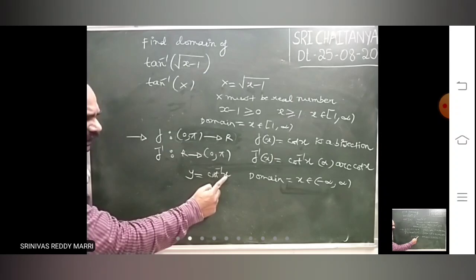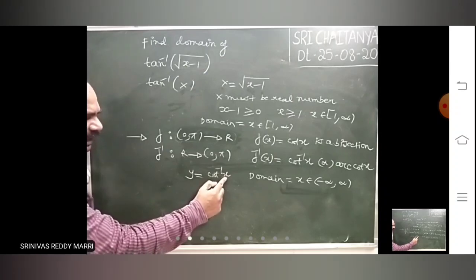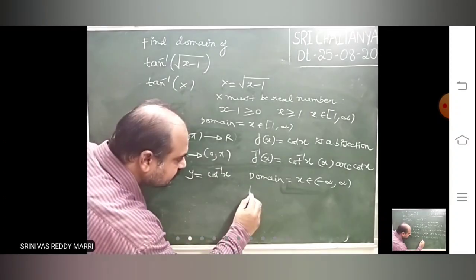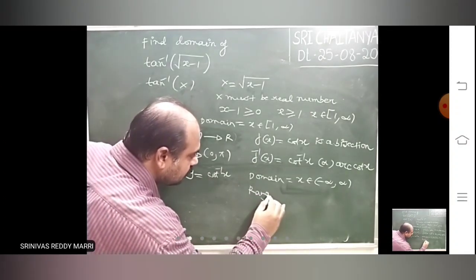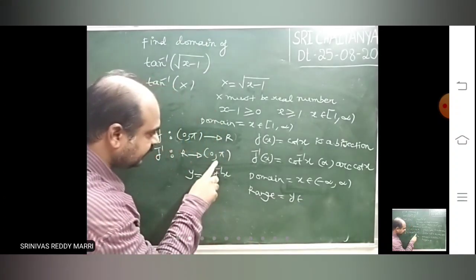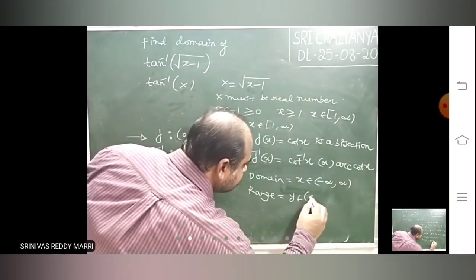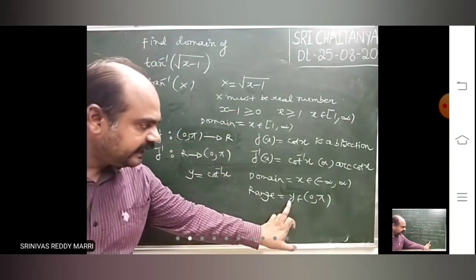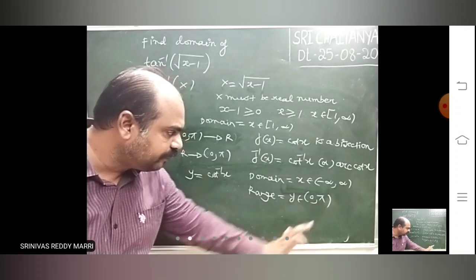Look at the domain: if whatever the value inside is a real value, cot inverse x will be defined. Range: it lies within the open interval 0 comma pi.